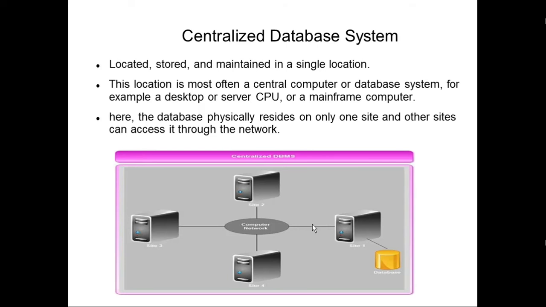It is located, stored and maintained in a single location, and this location is mostly a central computer or database system. Here the database physically resides on only one site and other sites can access it through the network. For example, see, here is the database and every site is going to access the database through the computer network.